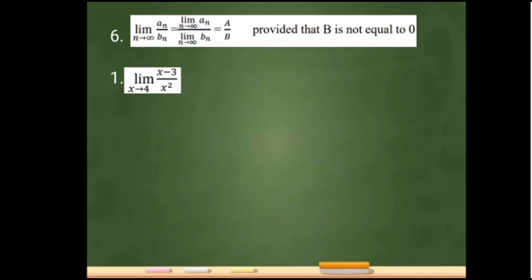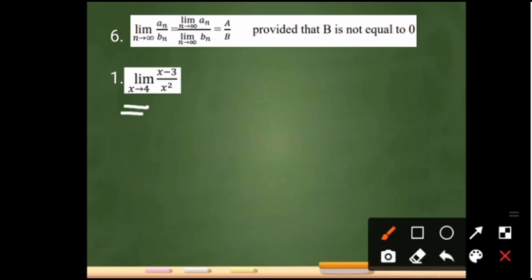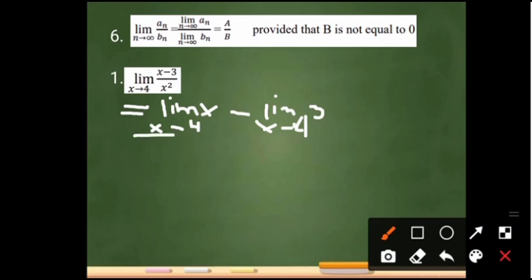First, let's distribute the limit: limit x as x approaches 4 minus limit 3 as x approaches 4, over limit x squared as x approaches 4.